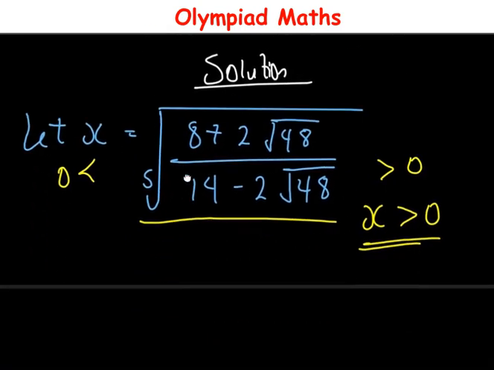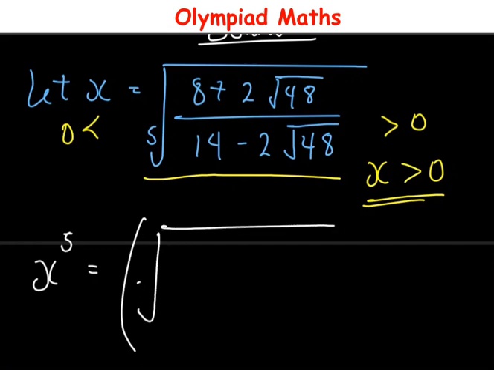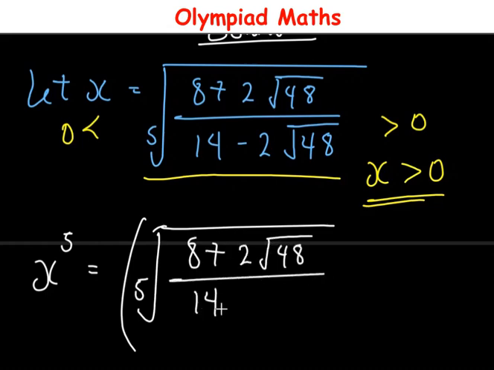Good. So to then solve this, what you are going to do is to raise this equation to power 5. This becomes x raised to power 5 equals, in brackets, the fifth root of (8 plus 2 times root 48) divided by (14 minus 2 times root 48), all raised to power 5.